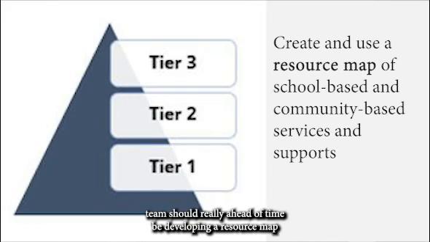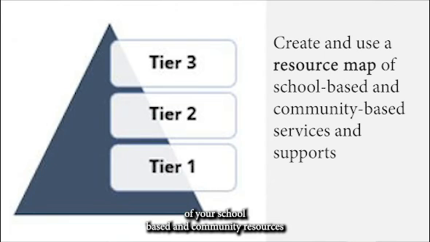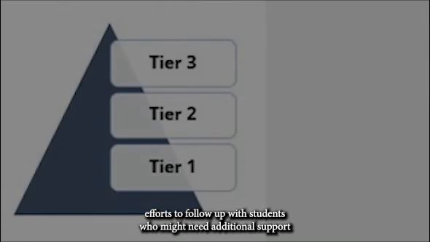Your screening team should really, ahead of time, be developing a resource map of your school-based and community resources and organizing those resources at each level of the 3 tiers. That way, your team can quickly identify services and supports for students at different levels of risk.